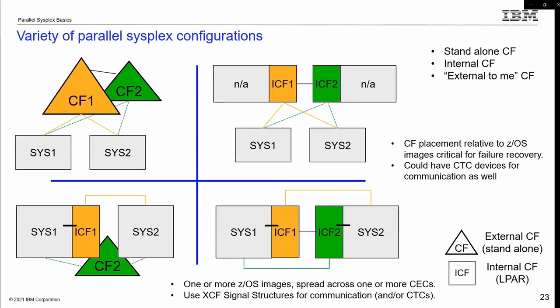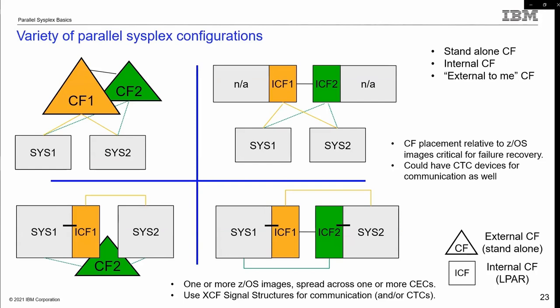When we're talking about parallel Sysplex configurations, we have to take into account the placement of both the images that are in the Sysplex, in this case example Sys1 and Sys2, as well as the coupling facility placement. And in particular, we need to understand the placement of the CF images in relation to the systems in the Sysplex.